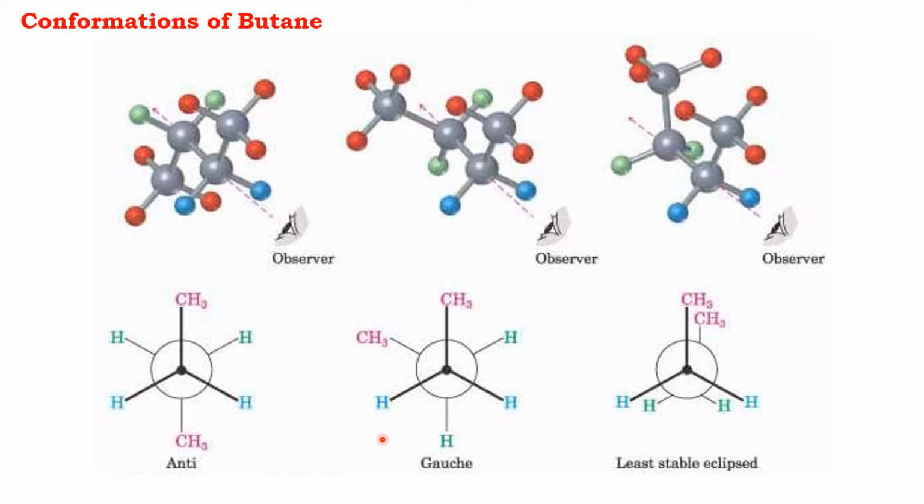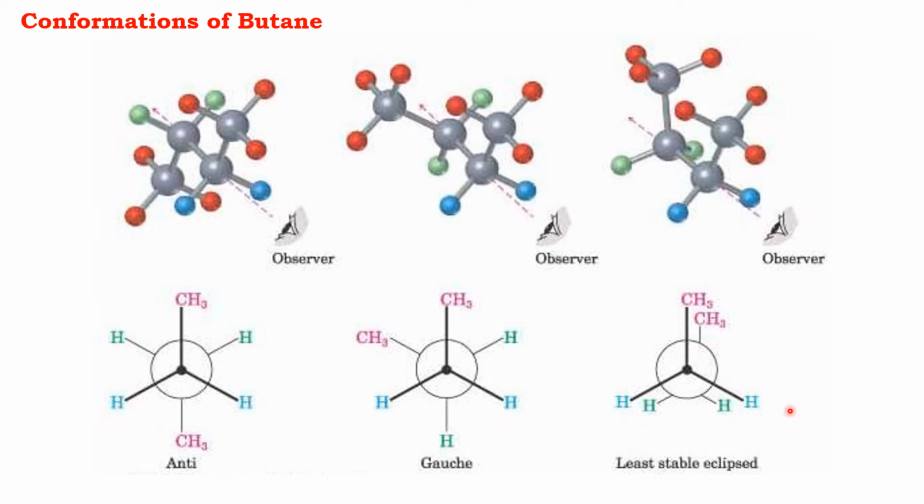That means in the gauche form, the methyl group is placed between the methyl group and hydrogen atom of the second carbon atom. I explain again. The methyl group present in the second carbon atom is placed between the methyl group and hydrogen of the third carbon atom.